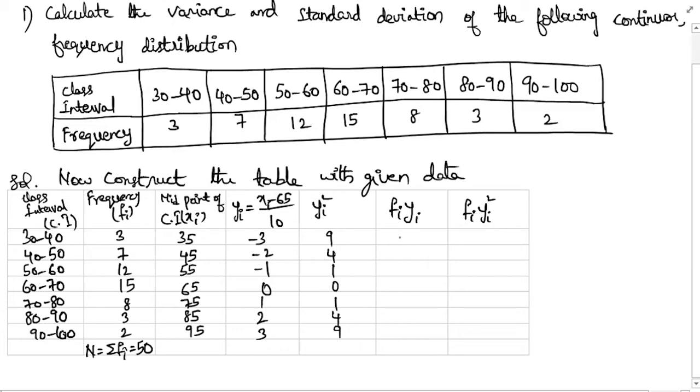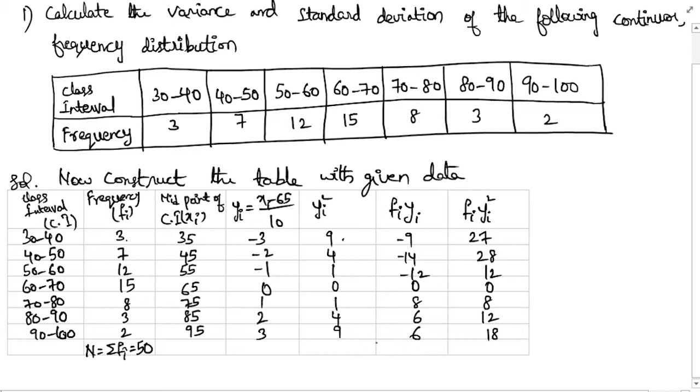Now Fi into Yi: Fi is 3, and 3 into minus 3 is minus 9, then minus 14, minus 12, 0, 8, 6 and 6. Now Fi Yi square: Fi is 3 and Yi square is 9, so 3 into 9 is 27, then 28, 12, 0, 8, 12 again, and 18.